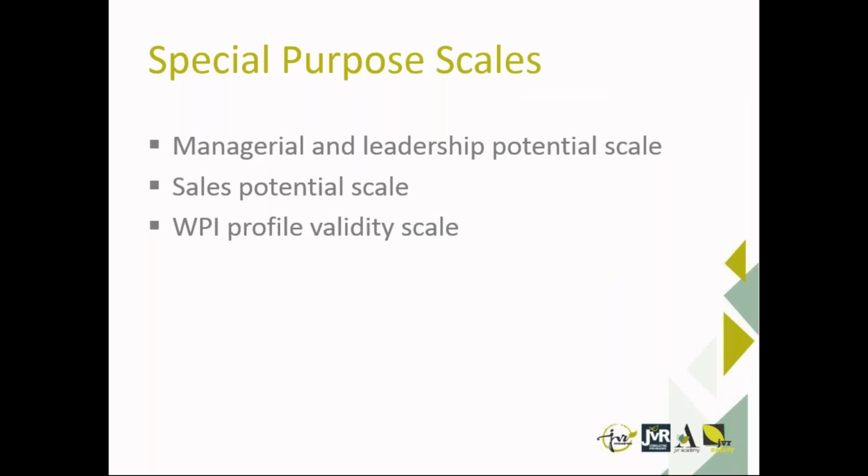With regards to the managerial and leadership potential scale, upon a closer analysis of group differences with individuals who had completed the Work Personality Index, it was noticed that there were quite a few significant relationships between the assessment and an individual's position level.